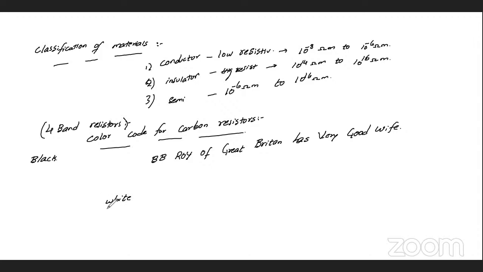So here, totally 10 colors are there. Let's see them one by one. I'll remove the small letters. So the total should be 10 colors, starting with the darker color.